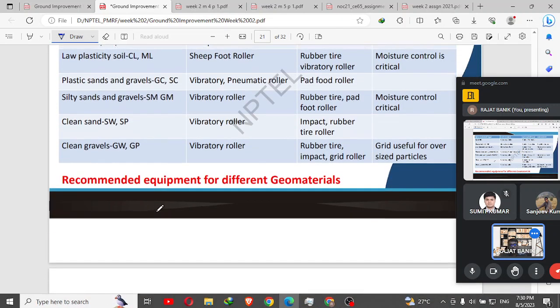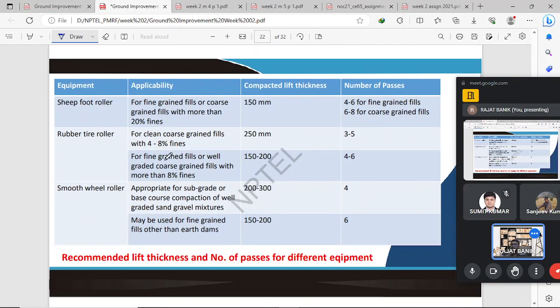Moving ahead, we now differentiate different types of compaction machinery, like sheepsfoot roller, rubber tire roller, smooth roller, depending on their applicability, lift thickness and number of passes.